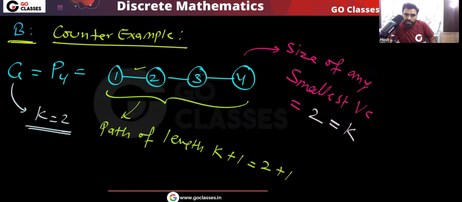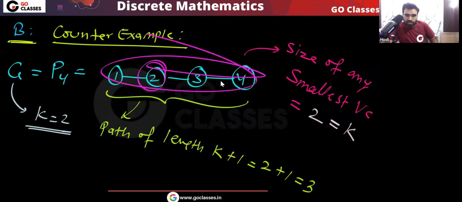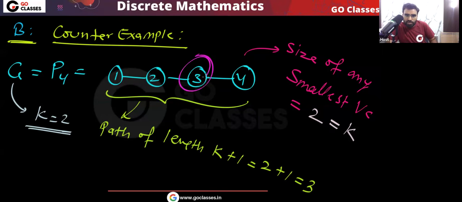Yes, this is a path of length 3. Correct? There are 3 edges. Now, this vertex 1 is on a path of length 3. This vertex 2 is also on a path of length 3. This vertex 3 also is on a path of length 3, and this vertex 4 is also on a path of length k plus 1.